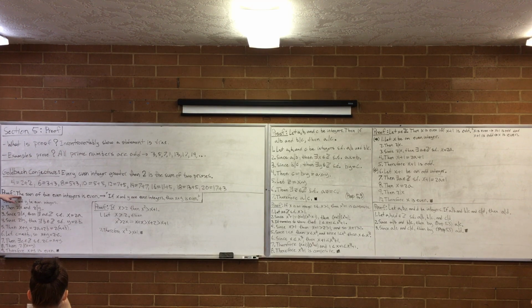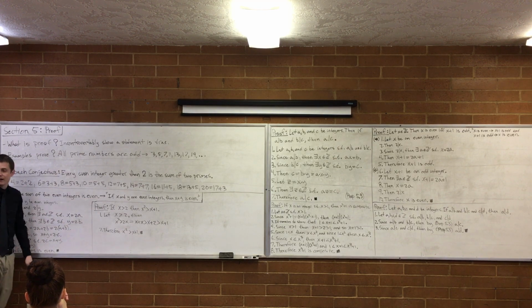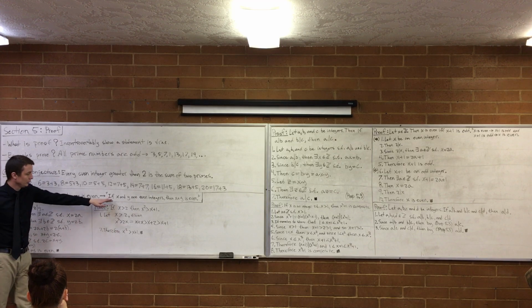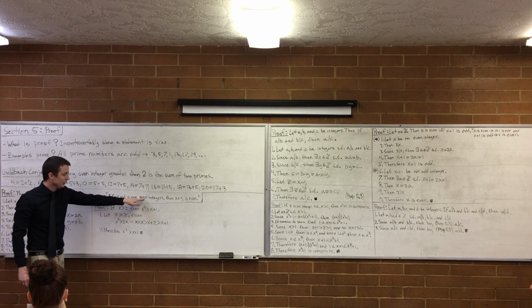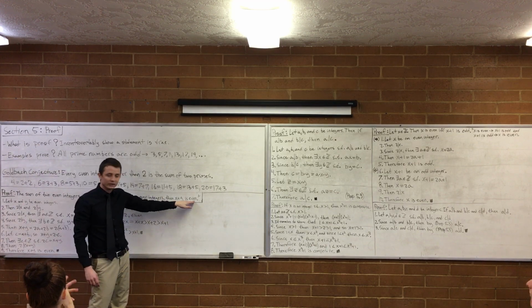And it's also useful to create variables when you write it in an if-then statement so that you can reference them throughout your proof. So the sum of two even integers is even, rewriting that as an if-then statement, we have right here. If x and y are even integers, then x plus y is even.